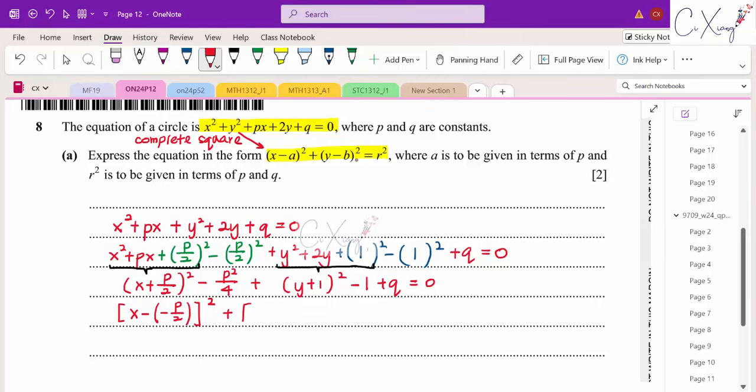Therefore, for the y plus 1, I have to make it become y minus negative 1 and then square. Equals to, they want to have r squared. If I try to move all the numbers to one side, I'm having p squared over 4 plus 1 minus q. But they want us to have r squared. This whole thing is r squared. You can keep it in this form, or if you want, you can further simplify it like this.